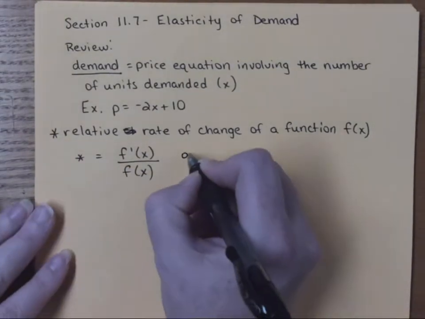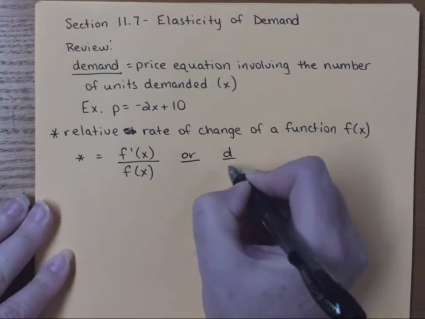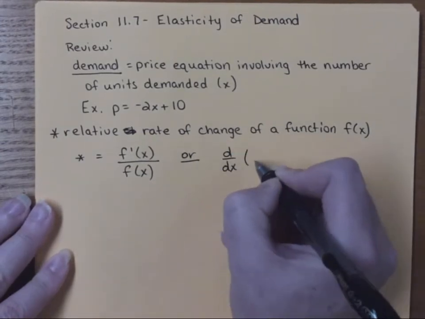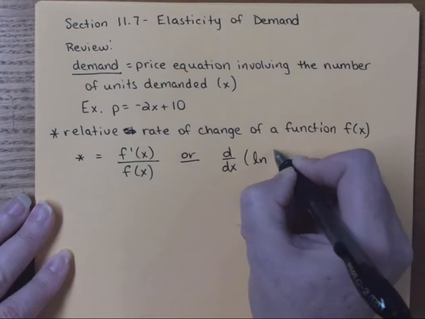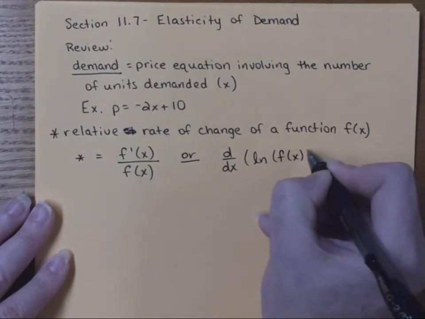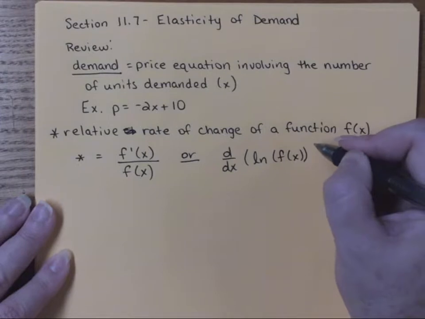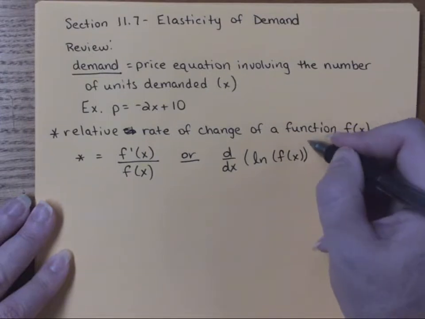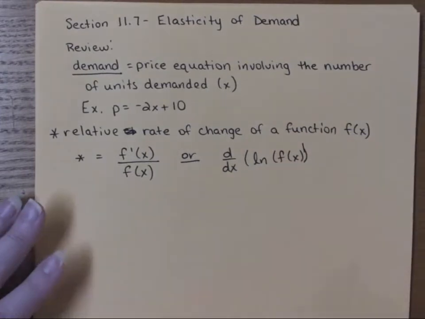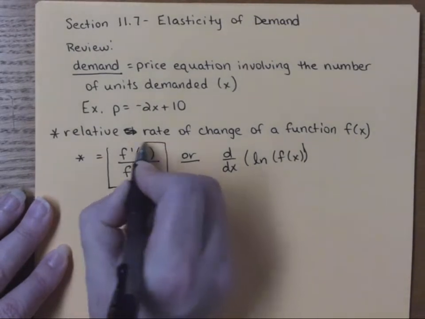But your book gives an alternative formula that I think is a little more confusing, to be honest, but I'm going to go ahead and give it to you just because I think help features in my math lab might feature this, so I want to make sure that we don't get too confused there. But this is the one that I really want you to focus the most on.